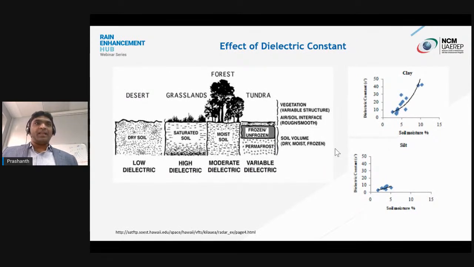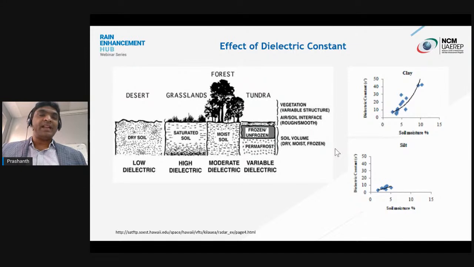Dry soil normally has low dielectric constant, as I mentioned. Saturated soil with moisture has high dielectric. Moist soil with a bit of vegetation on top has moderate dielectric, and frozen soil has variable dielectric depending on the properties at the surface.